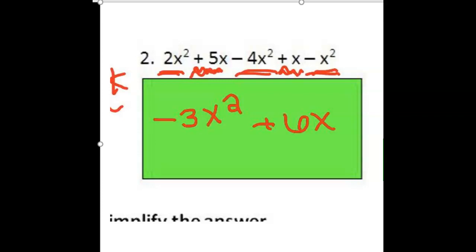So 2x squared minus 4x squared is negative 2x squared, plus an additional negative x squared gives me negative 3x squared. And then positive 5 and positive x gives a positive 6x.